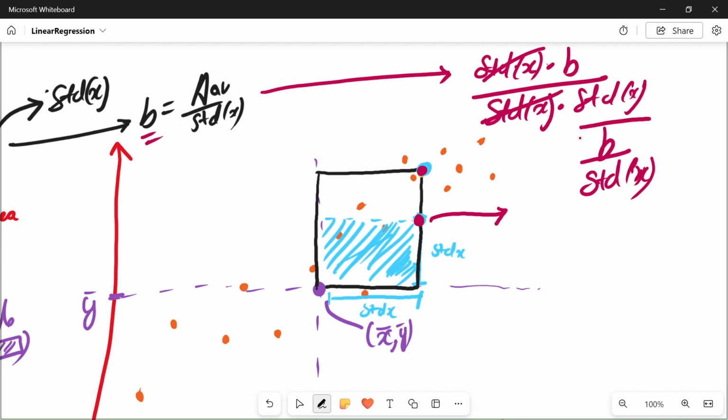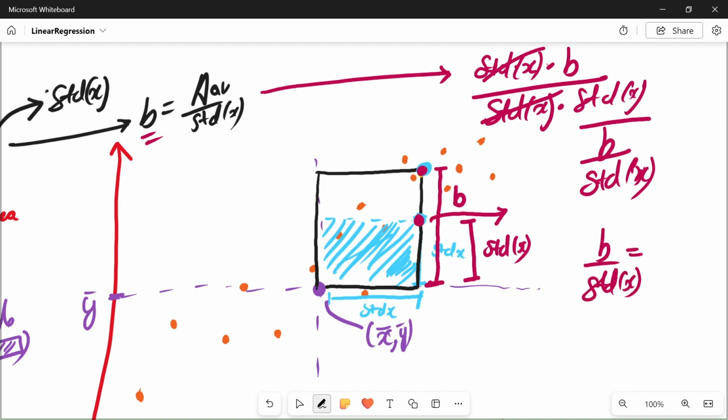So it's the ratio of the heights between, this is the b, and this is standard deviation of x. So b upon standard deviation of x is actually giving you the slope, right? This is the slope estimation formula in OLS.